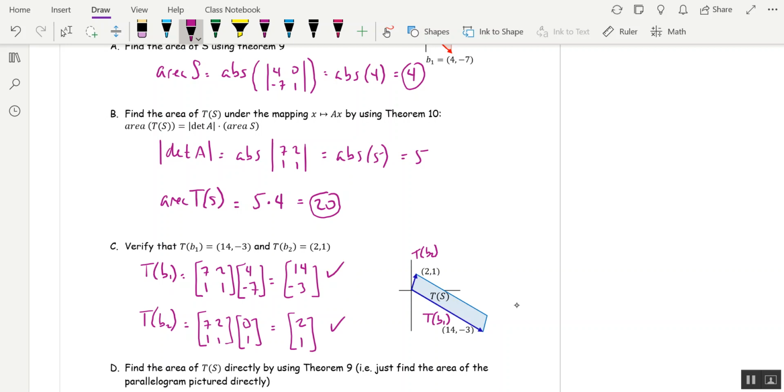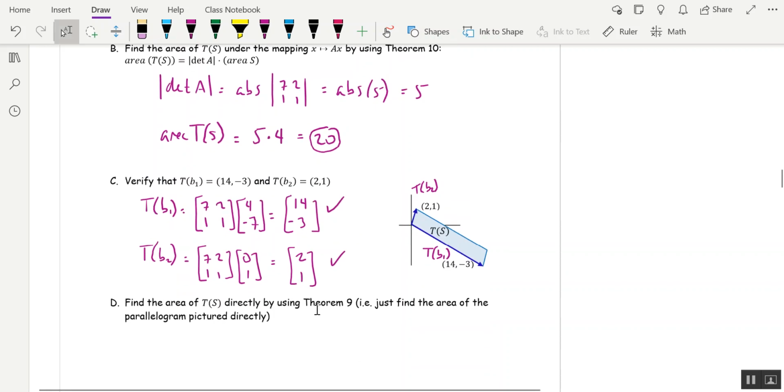And this vector here is T of B2. And there's the new parallelogram. It looks a little bigger than the old parallelogram. Actually, it is. We know it is because the area of the new parallelogram is 20. The area of the old parallelogram was 4. All right, so find the area of T of S directly. So if we want to find the area directly, we just take the absolute value of the determinant of T of B1 and T of B2.